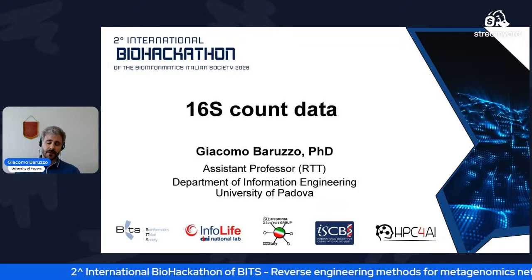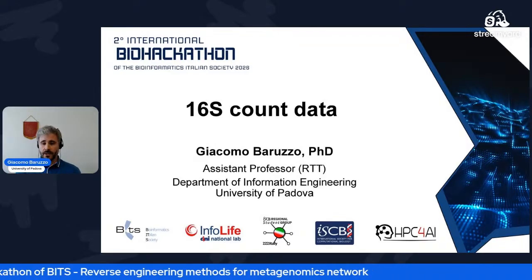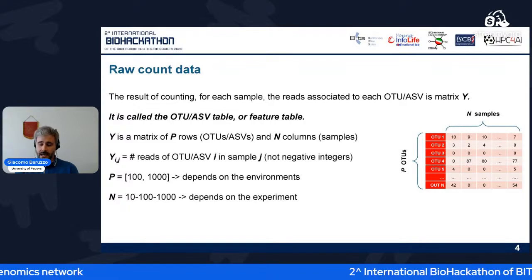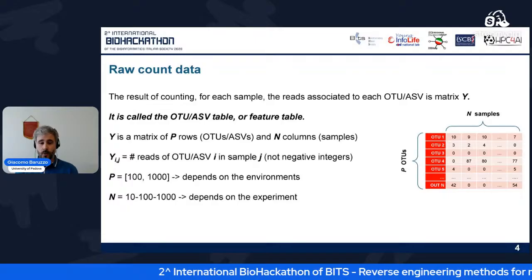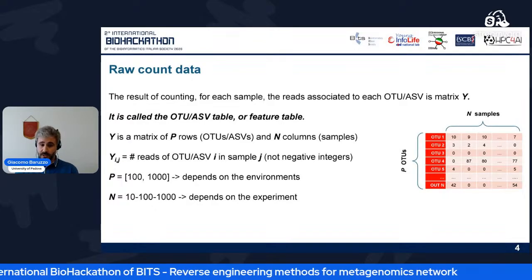As you saw from the previous webinar, one of the last outputs of the read preprocessing is something that looks like a table, a matrix, where you basically count how many reads you're able to associate to each OTU or RSD, depending on how you run, for example, the QIIME pipeline.